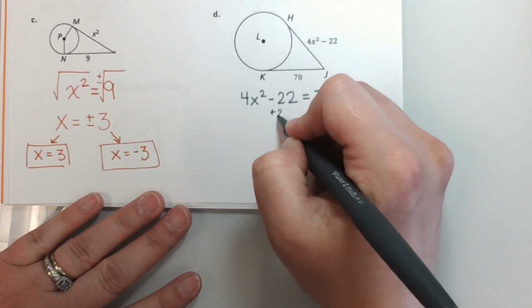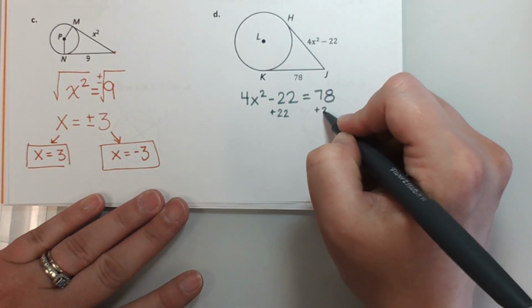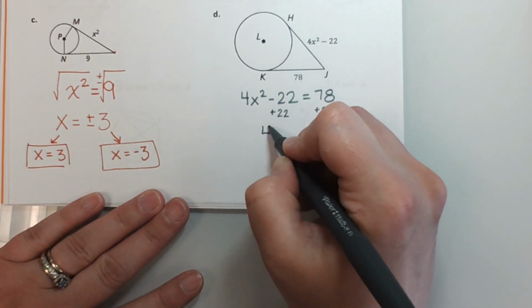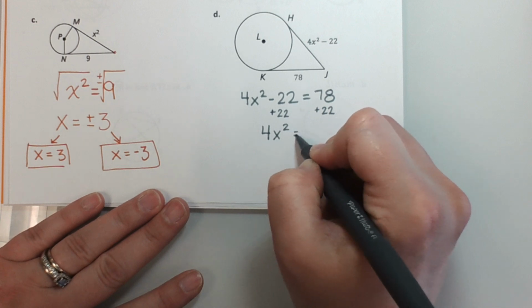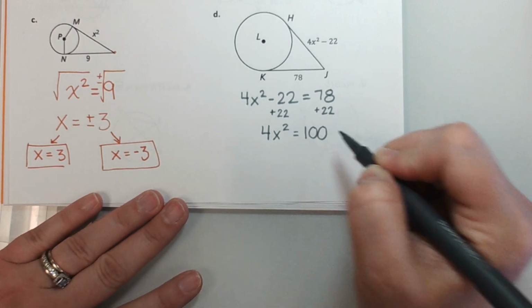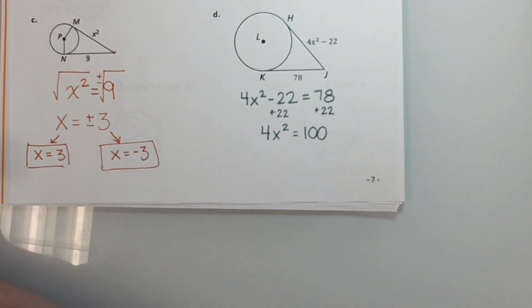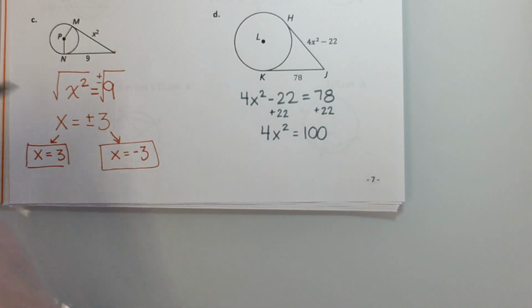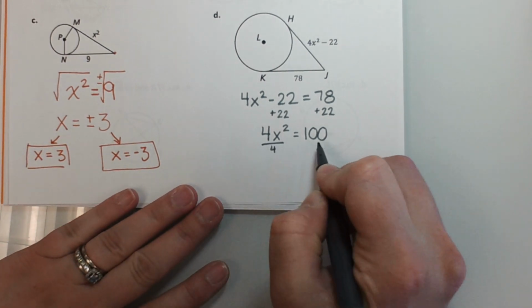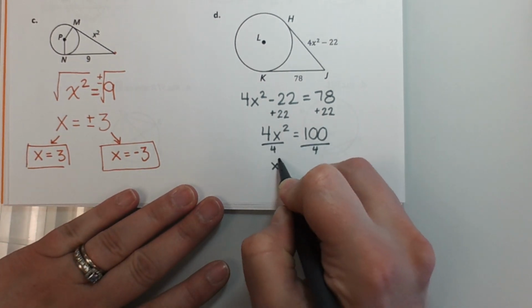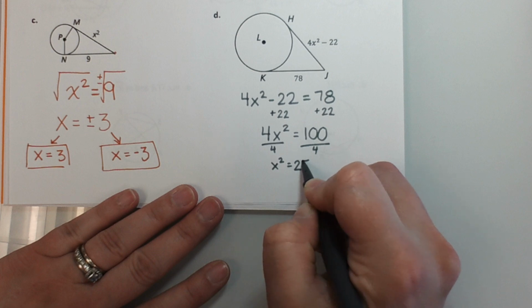Add the 22. Left with 4x squared. 78 and 22 together is 100. Divide by 4 on both sides to get rid of that 4. You need the variable squared to be alone before you could take the square root. X squared is equal to 25.